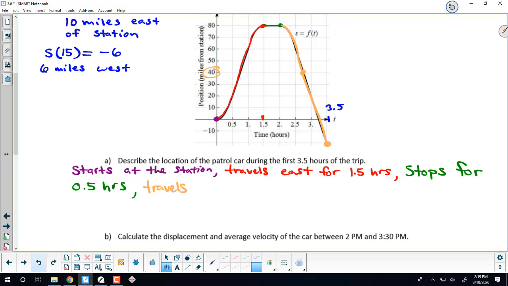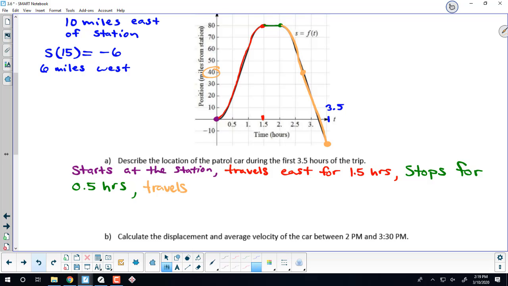I guess we could be more specific here with the red trip and the orange or yellow trip. We could also specify how far they travel. They travel east for 1.5 hours, and they stop at 80 miles from the station.